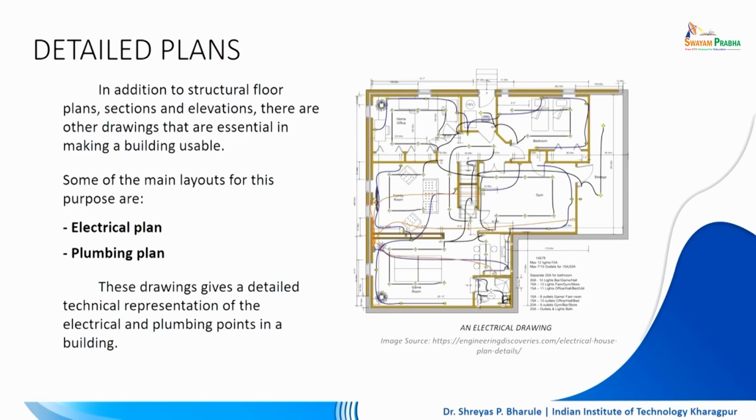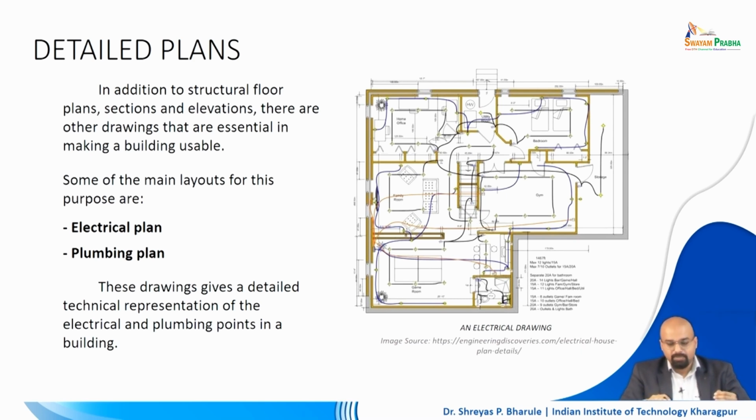So looking at the detailed plans, when we do a particular design for a particular house, in this case we see that there is a small house at the ground level. You have different rooms, including a gym as well as a storage.